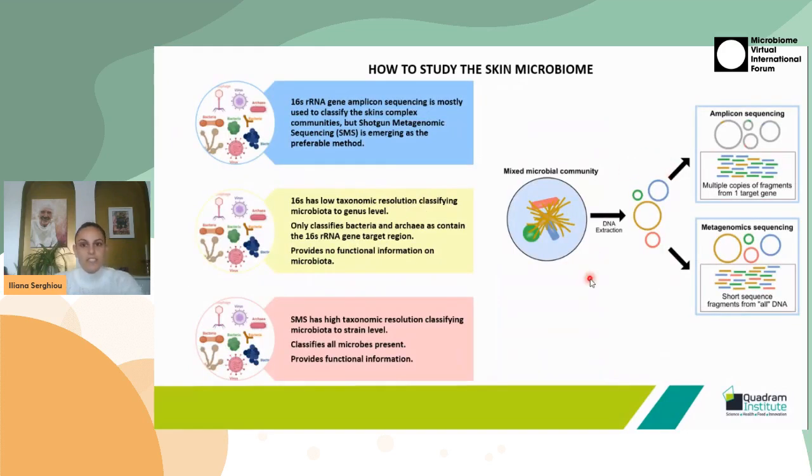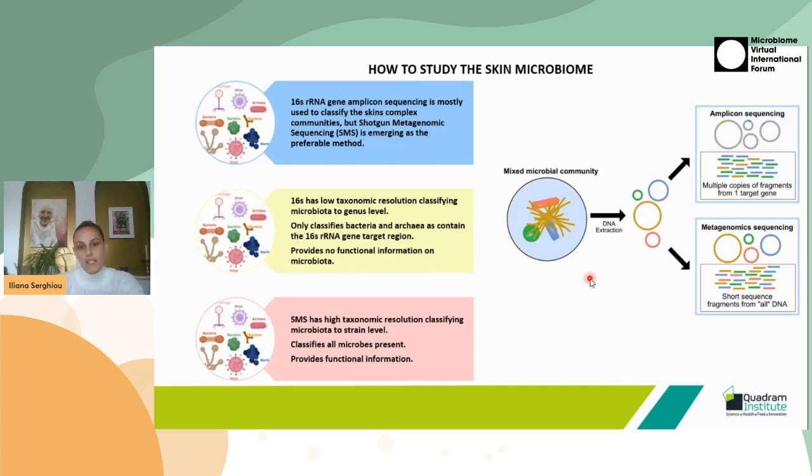Okay, so how do we actually study the skin microbiome? As was just mentioned, 16S rRNA gene amplicon sequencing is mostly used to classify the skin's communities. However, shotgun metagenomic sequencing is emerging as a preferable method now. So why is this? 16S has lower taxonomic resolution, and it classifies microbiota to genus level, but can also go up to species level.